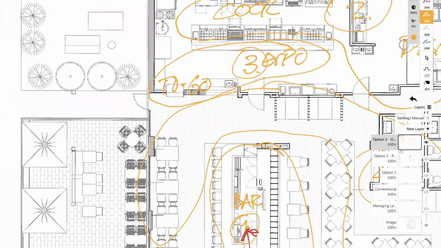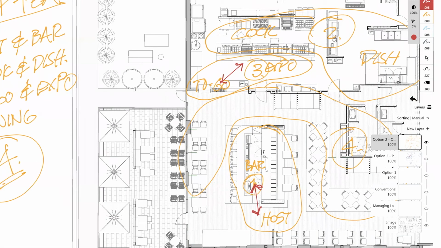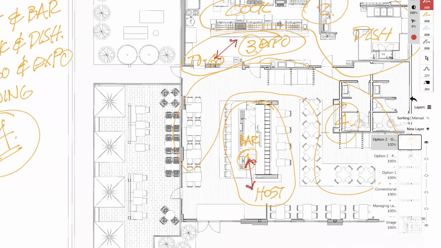And again, like I was saying, we have the ability to really make that work, because now the expediter and the to-go person are 4.5 feet apart. All of that can work very, very well. Same thing with the host and bar.